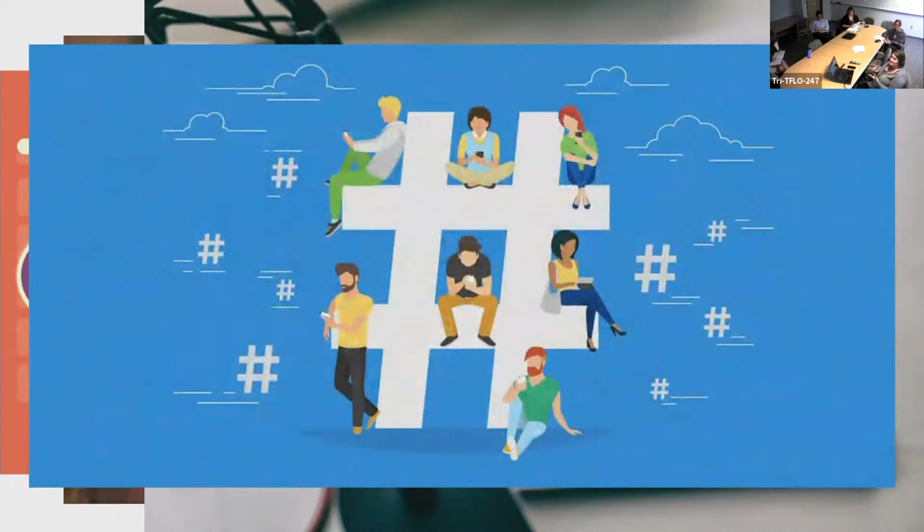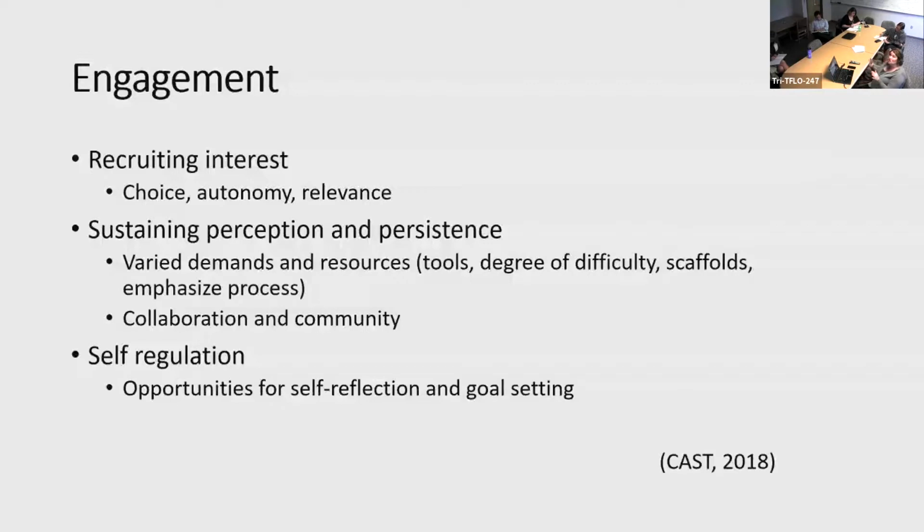They use Snapchat and Instagram, and why not tap into these social media outlets that they can use for the learning process. So those are just a few examples of different ways that we can represent information or help them learn content in addition to our traditional textbook type of activity.